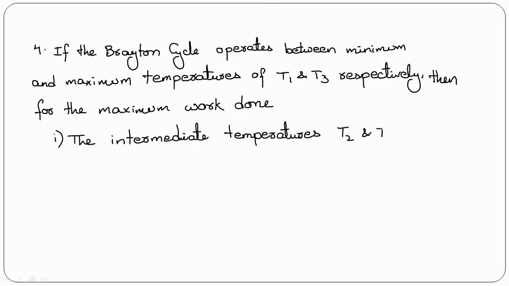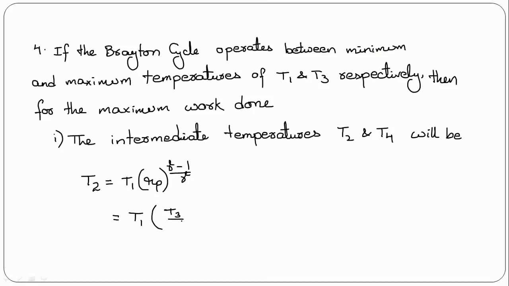T2 and T4 will be, see here we know that T2 is equal to T1 into Rp to the power gamma minus 1 by gamma. So for maximum work done, Rp becomes Rp optimum. So therefore we can write this as T1 into T3 by T1 whole to the power gamma by 2 into gamma minus 1 whole power gamma minus 1 by gamma.